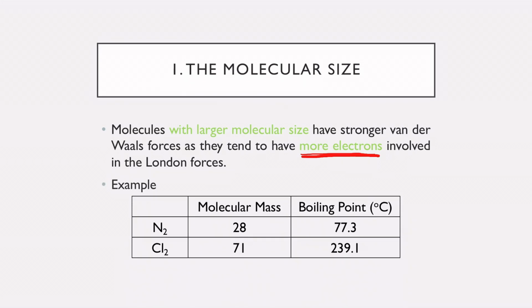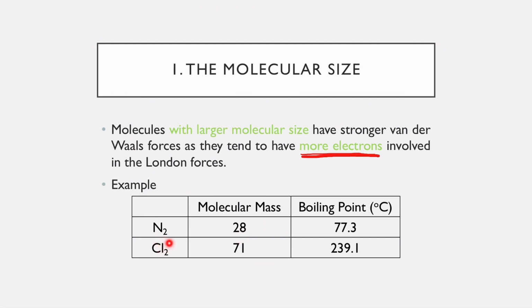Okay. So for example, if you have nitrogen molecule and chlorine molecule, if you look here, your molecular mass are different, right? So chlorine has a greater mass than nitrogen. Okay.